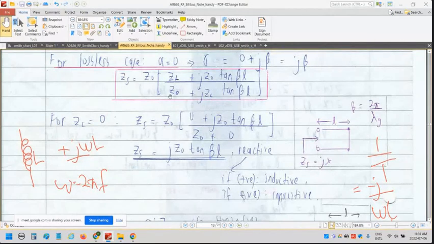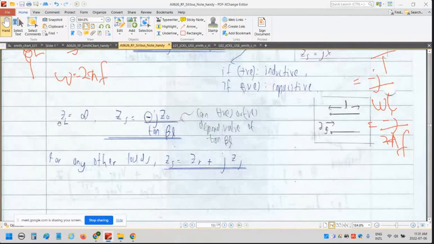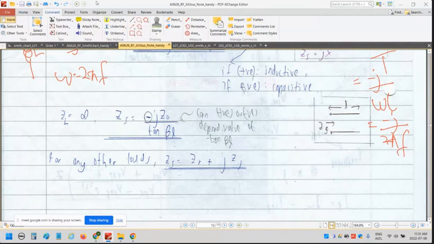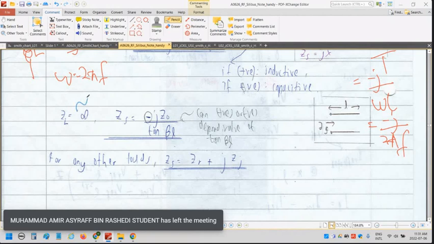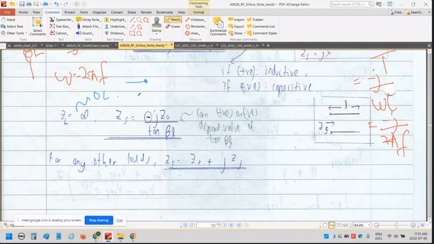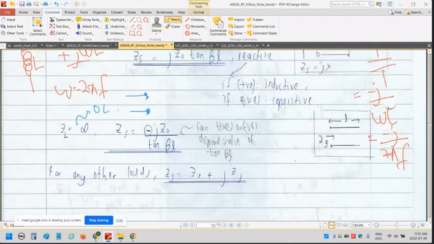You should know that ZL infinity means an open circuit, which means they are open and not connected. The current will not flow, because if there is an air gap, the impedance is infinity and the current cannot flow.